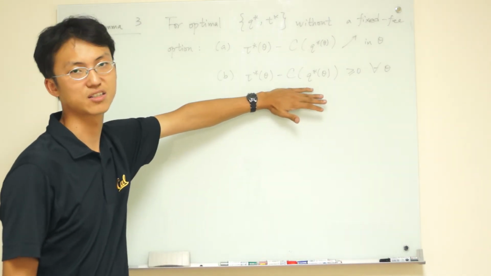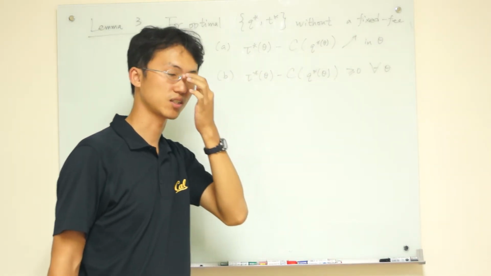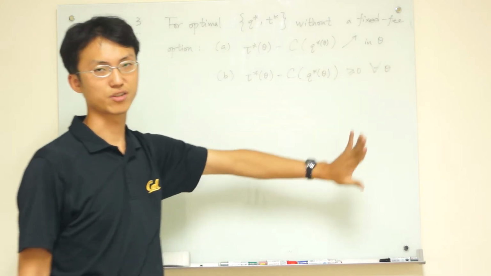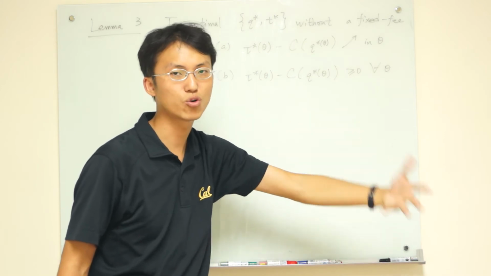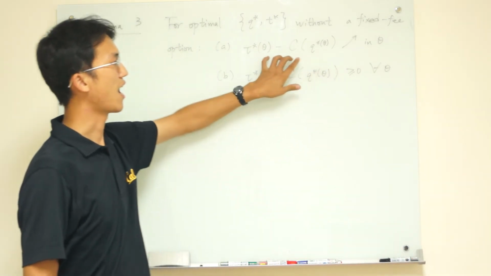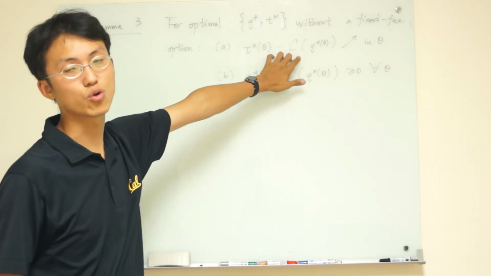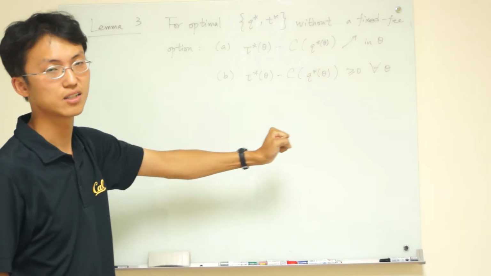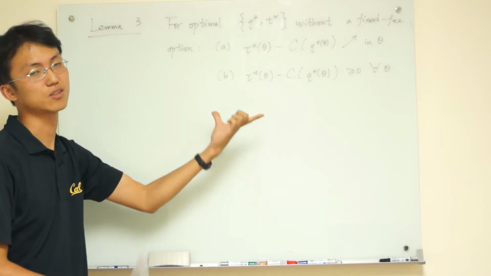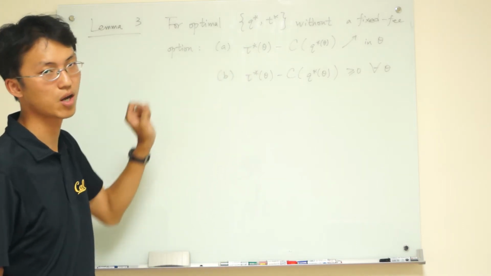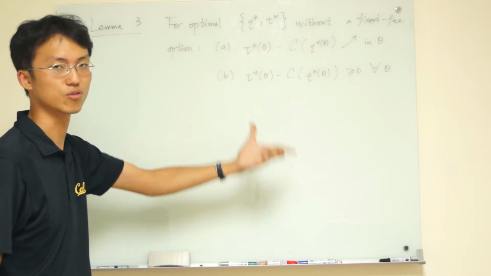I can earn a non-negative amount, and the amount I can earn is going to be non-decreasing according to their types. So that means for a high type, a consumer that is more willing to buy my product, I am able to earn more from him. That's what is mentioned in this lemma. Again, we're not going to prove it, but this somehow is reasonable. For those guys who want my product more, I can earn more from them.